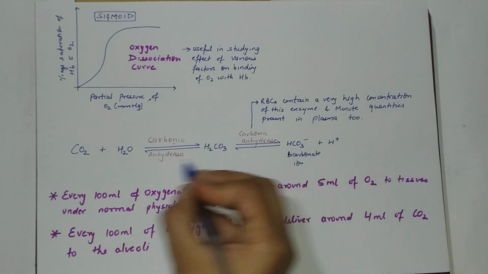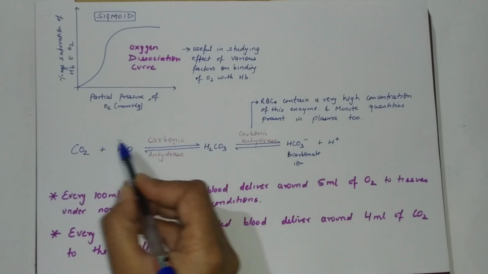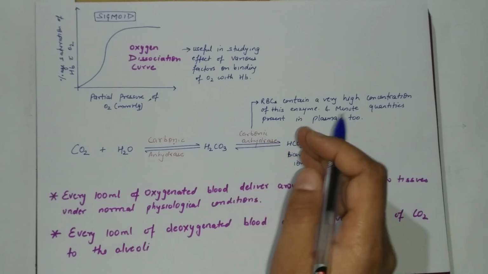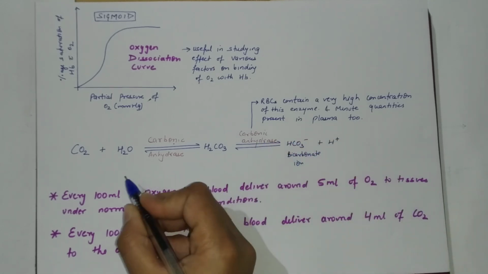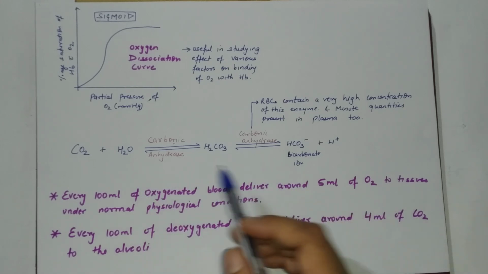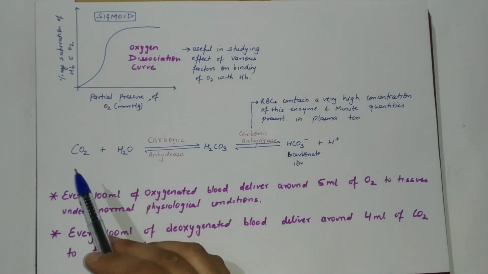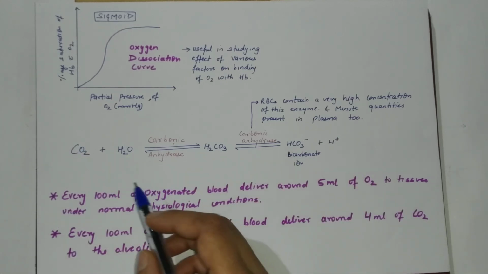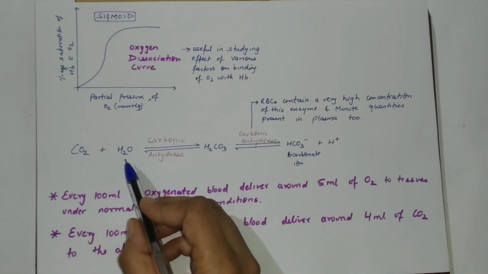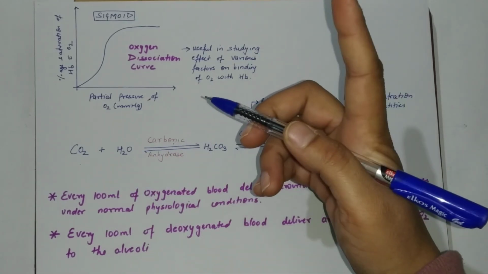At the tissue level it proceeds towards the right hand side, and at the alveolar level the reaction will proceed towards the left hand side. So at the alveoli where partial pressure of CO2 is low, this reaction proceeds in the opposite direction, which leads to formation of carbon dioxide and water. And this carbon dioxide will finally be exhaled out of the body.